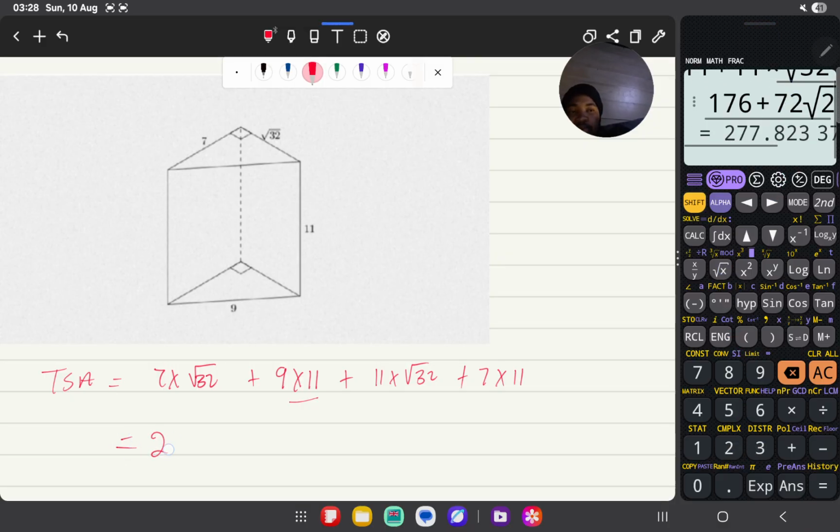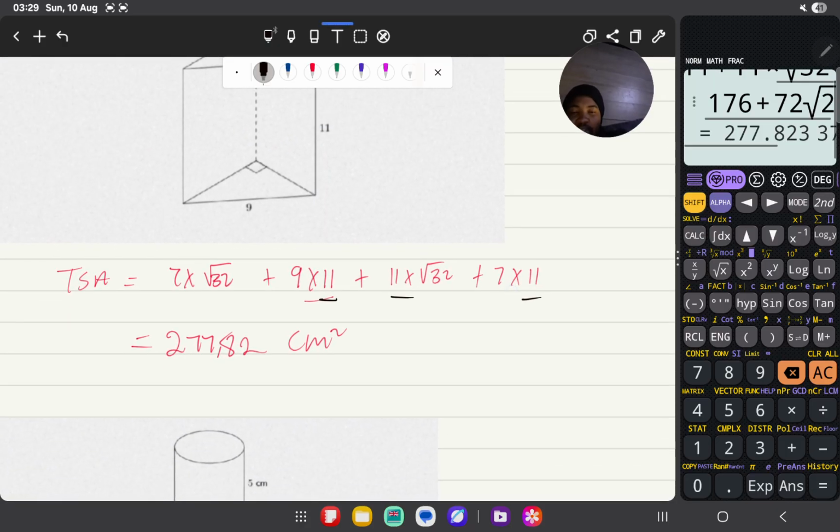Then we are coming up with 277.8382 centimeters squared. Do you see there's 11, 11, 11? So this 11 appears on the base, and this side and that side as well.